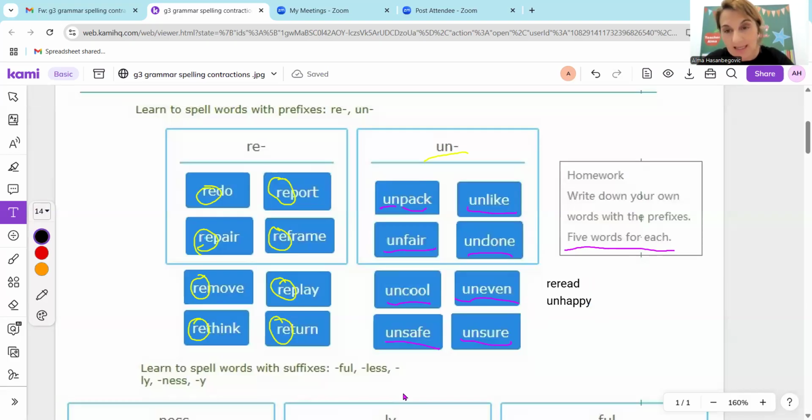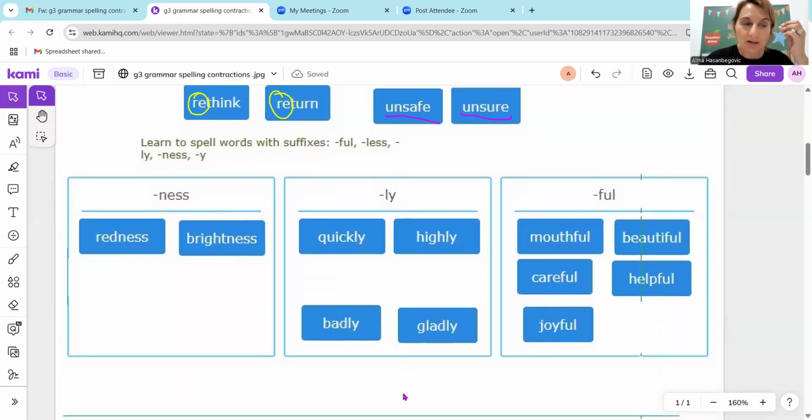For homework, you're going to have to write 5 words with the prefix re and 5 words for the prefix un. So reread, redo, reframe, replay, and then 5 words for prefix un. Unlike, undone, unhappy, unsafe, uneven. All right. Great job.